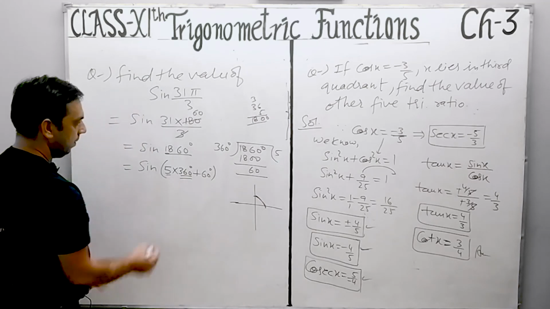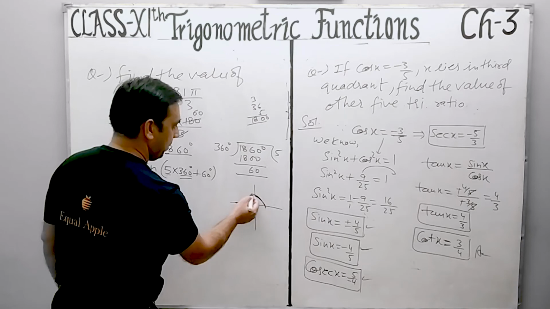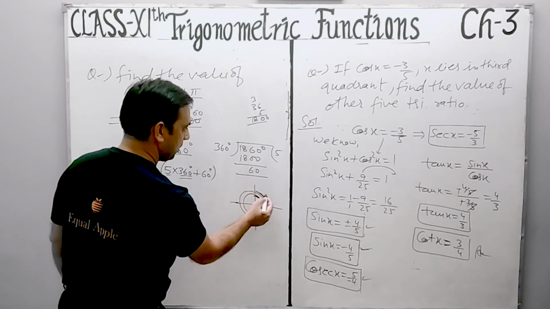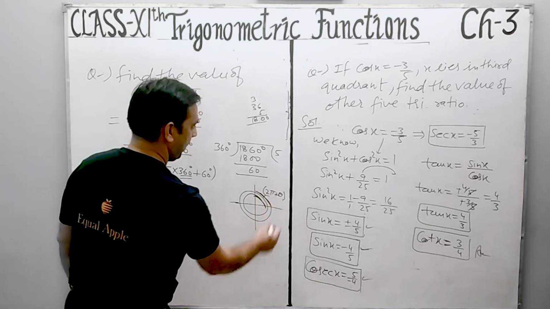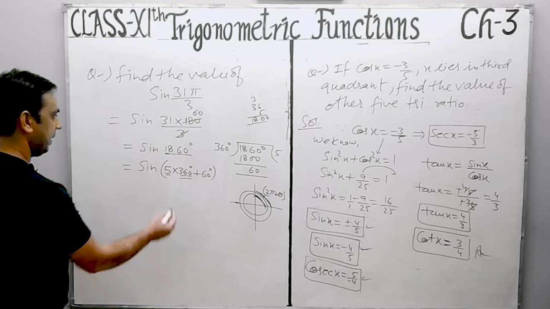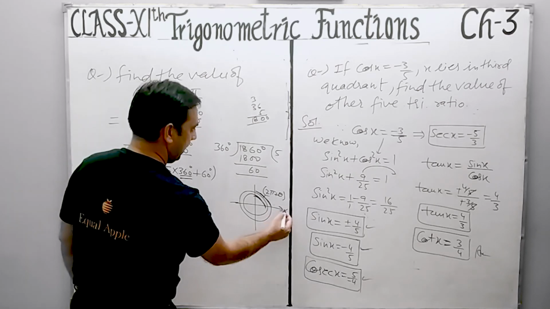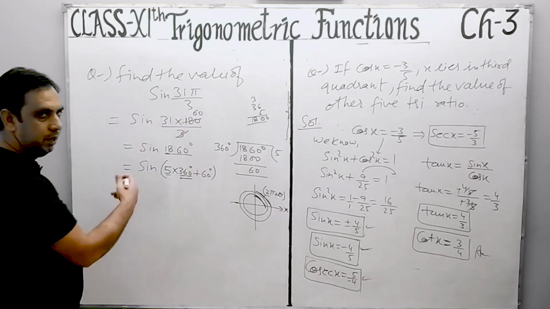This means 5 into 360 is 5 complete rotations. After that this value is coming in the first quadrant. The value comes as 2 pi plus theta, and this value comes on the x-axis. On the x-axis we will not convert sine into cos.